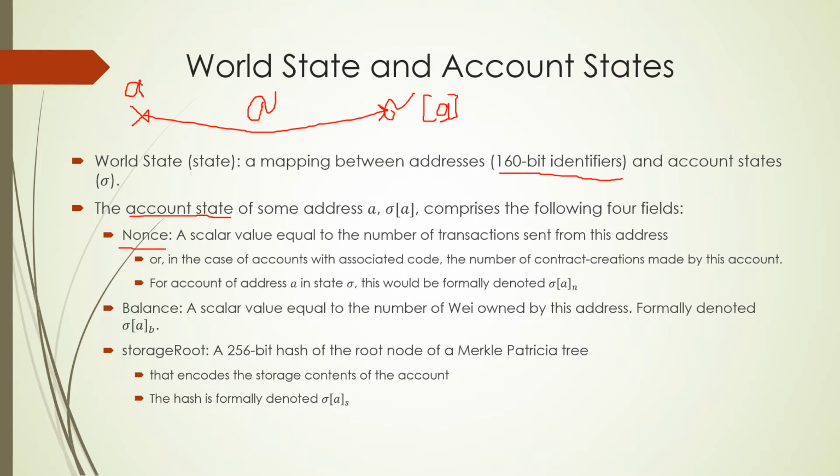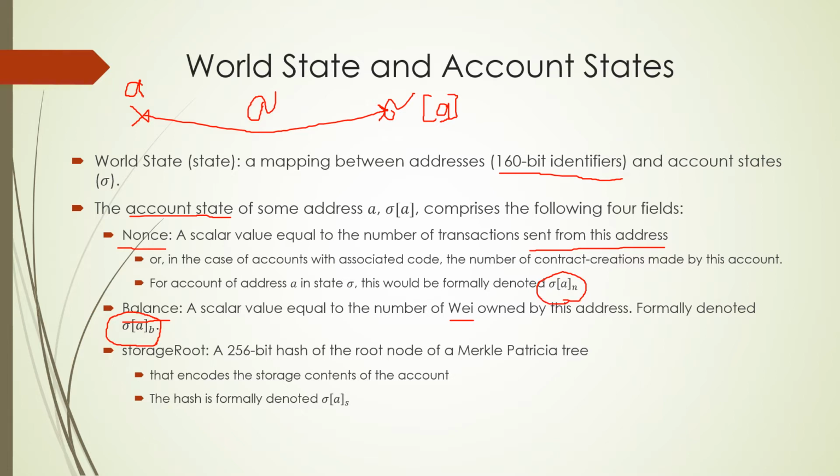The first one is a nonce, which is a scalar value equal to the number of transactions sent from address A, and then balance is the second field in the account state, which is a value equal to the number of wei, or the lowest or smallest denomination of an ether, owned by address A. Formally, balance is represented this way in the yellow paper of Ethereum, while nonce is represented this way.